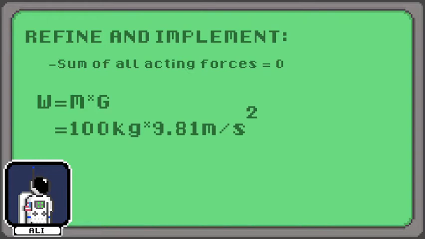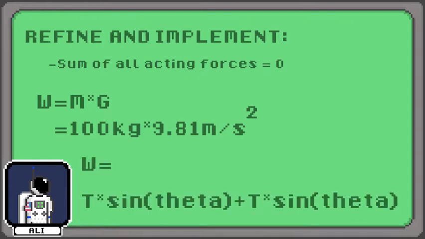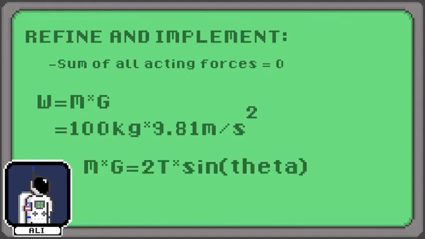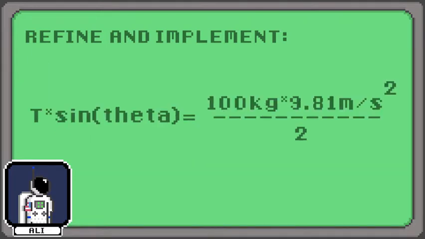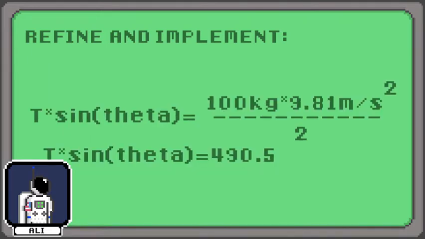We also know that because it's stationary, the two y components of the forces would equal that. Therefore, T sine theta plus T sine theta would equal the force of gravity. So we can find what T times sine theta would be by plugging it into the formula, and we get T sine theta equals 490.5.